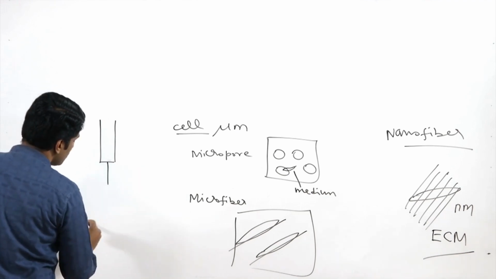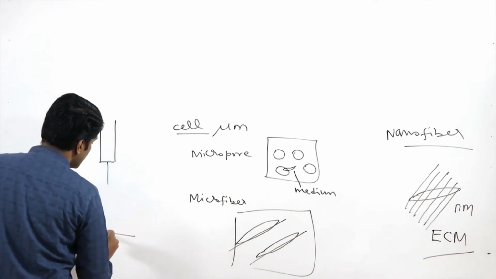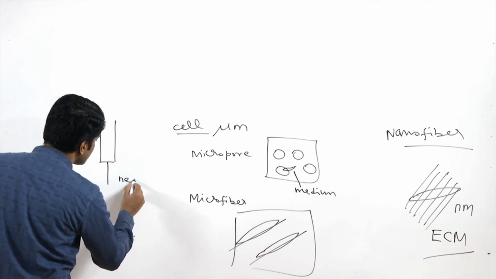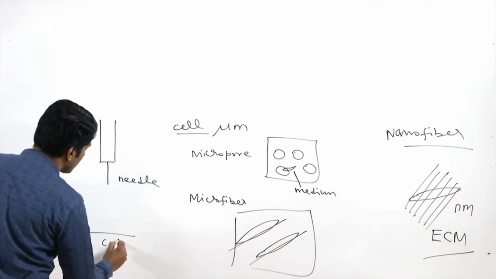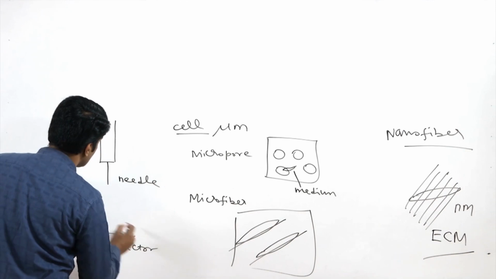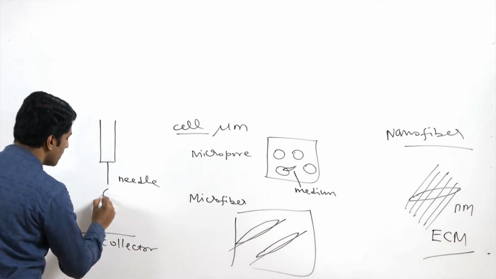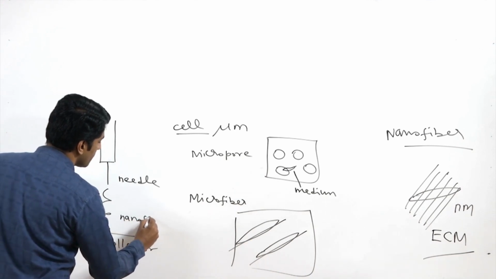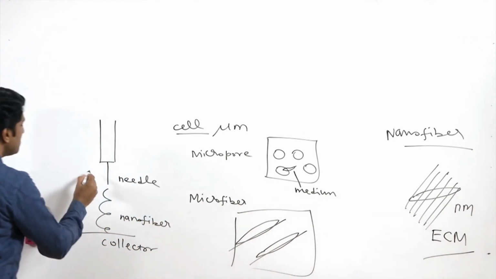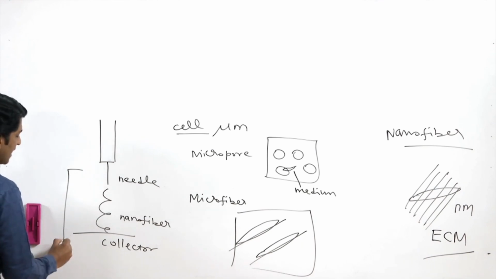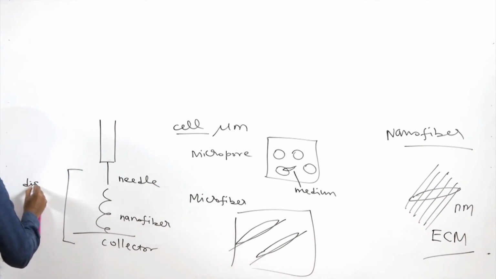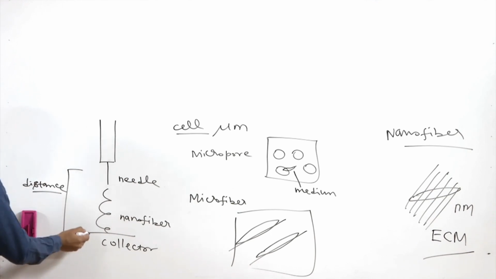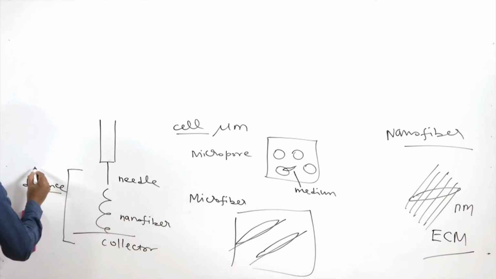Suppose you have more distance between your spinneret needle and collector, you will get nanofiber. So the distance between the spinneret and collector is very important, and if you reduce this distance, you will get micro size fiber.